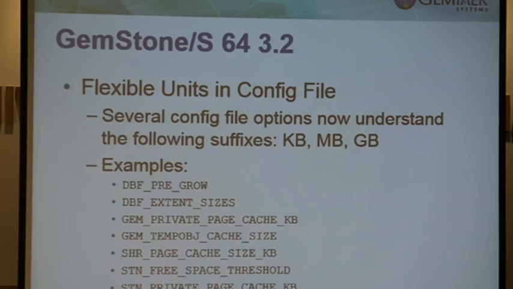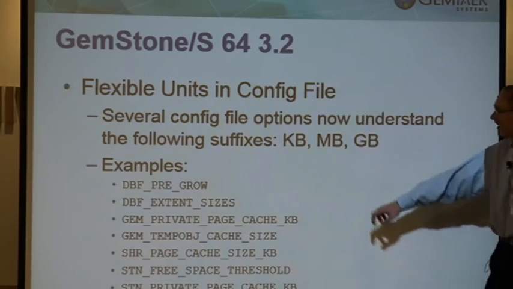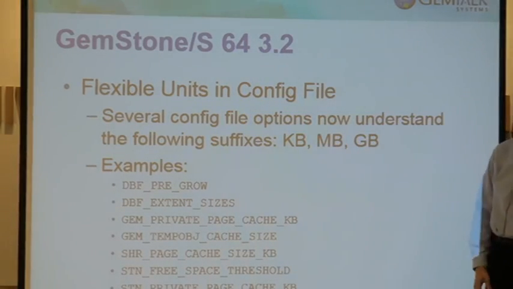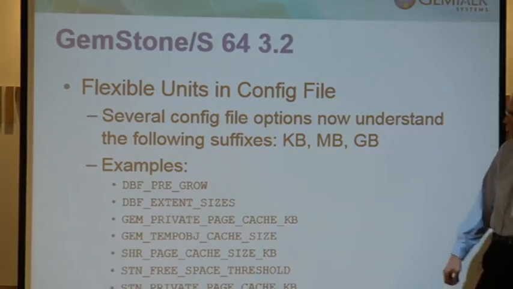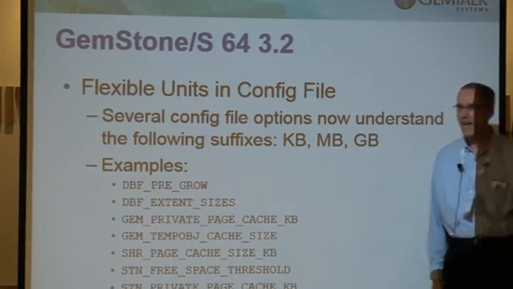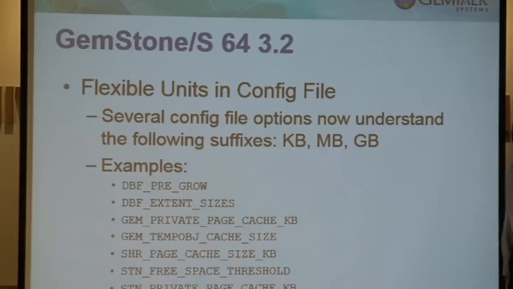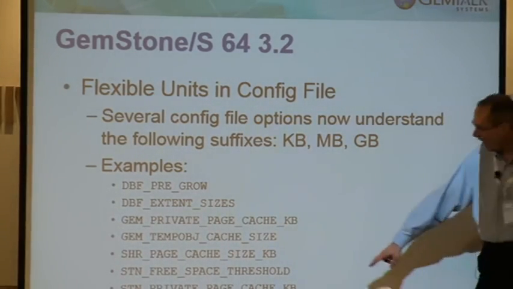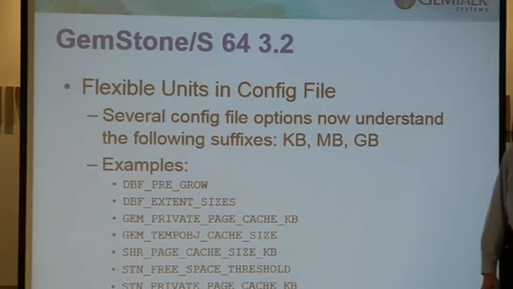One of the things we've experienced over 30 years of Gemstone is the growth from kilobytes to megabytes to gigabytes. It used to be that the sizes of the extents, the private page cache, or the shared page cache were defined in kilobytes.